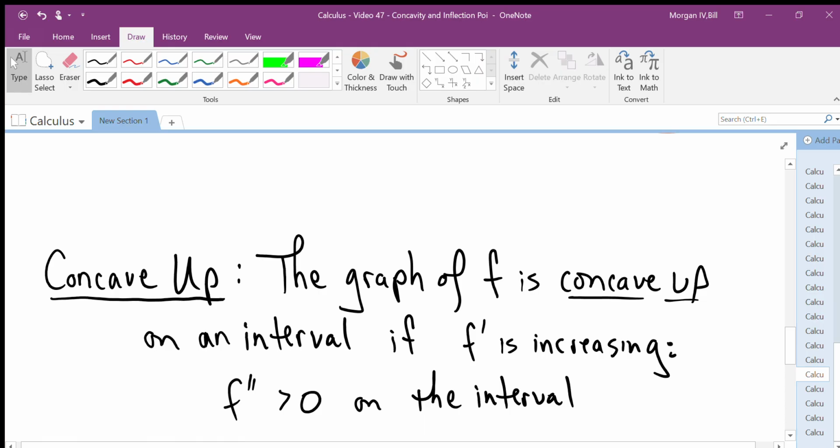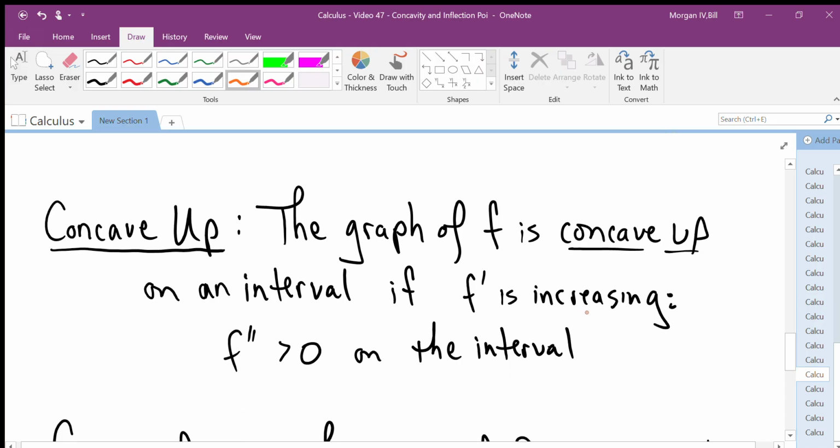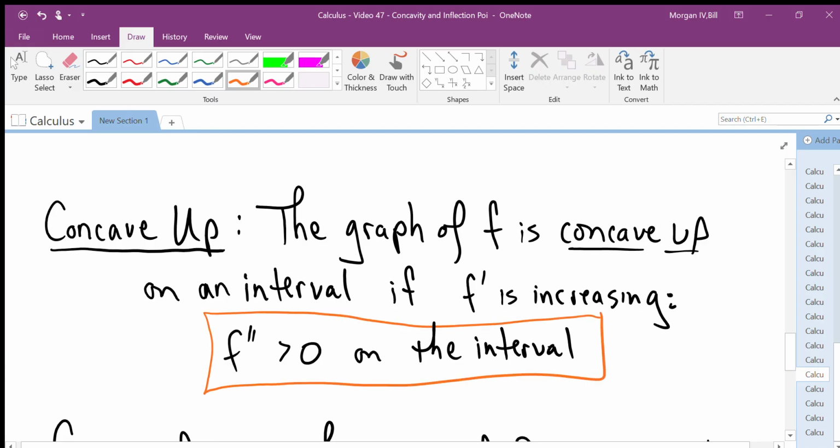If the derivative, if the slope is getting bigger, going from negative to less negative, that would be a slope increasing, or from positive to more positive. We find that this way, by the second derivative being positive. A positive second derivative means concave up on an interval.